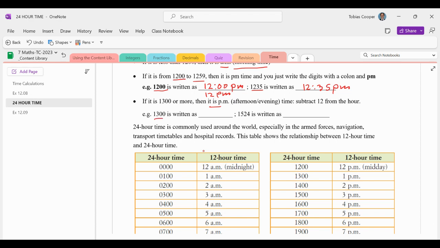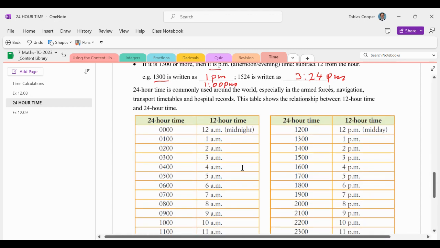So 13:00, if we subtract 12 from that, we get 1, and then it's PM. Or you could write as 1:00 PM. Here, 15:24, you notice it is more than 13:00, so we're going to take 12 off the hour. 15 minus 12 is 3, so it's just 3:24 PM.